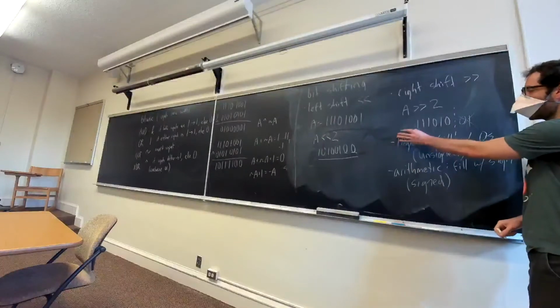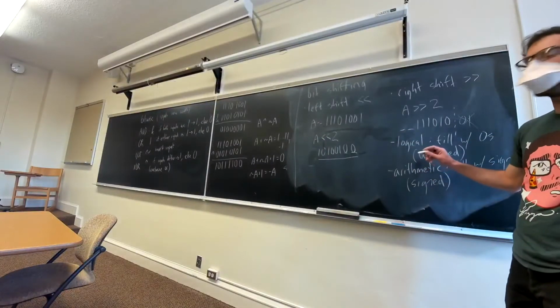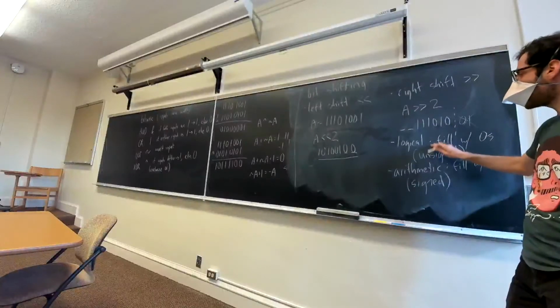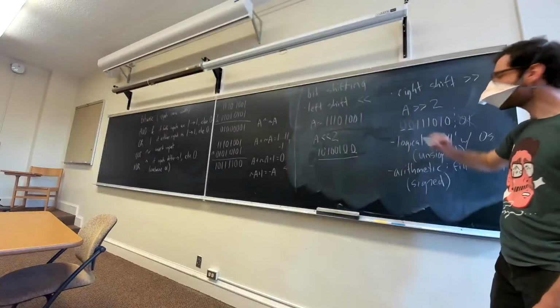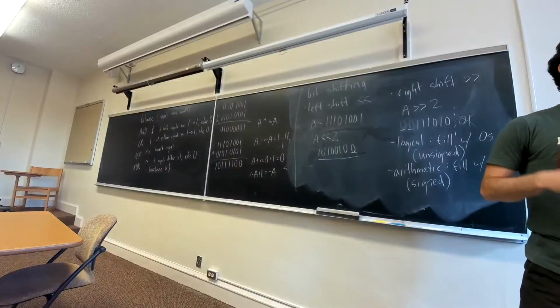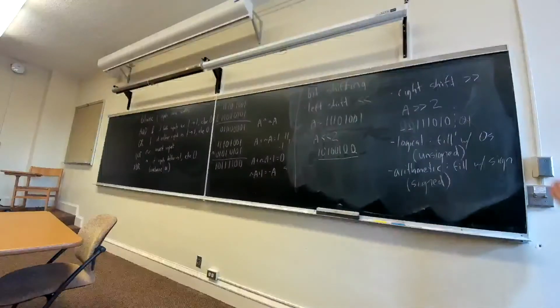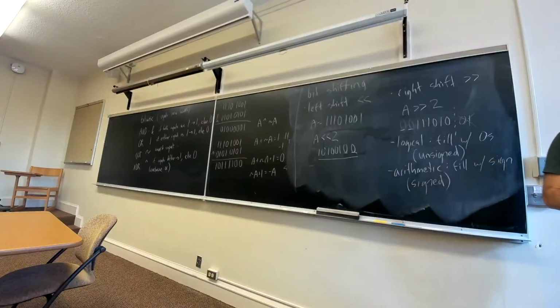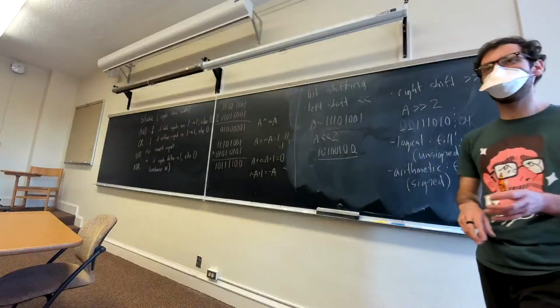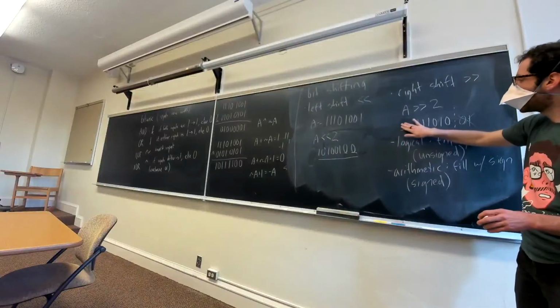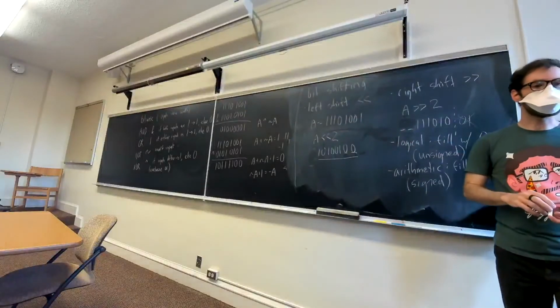So if a was, say, an unsigned integer, we'd use our logical right shift, we'd fill with zeros. If a was, say, an int, a signed, well, it's 8 bits. So if a was a char, a signed 8-bit integer, what would we fill these places with?